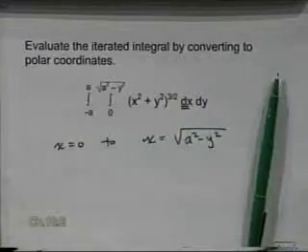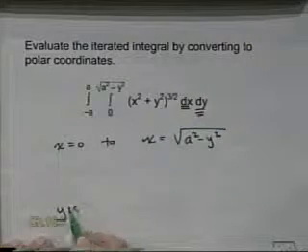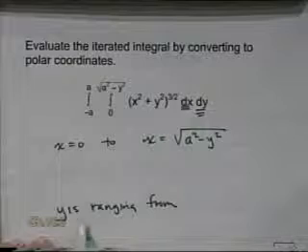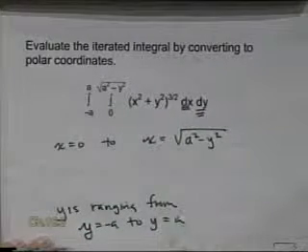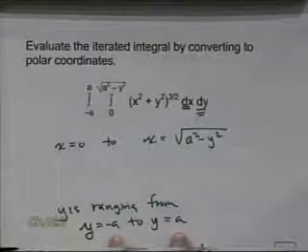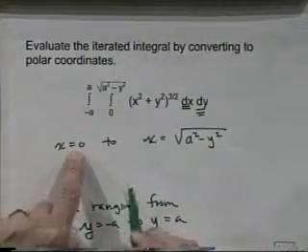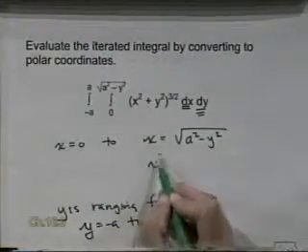And then my y is ranging from y equals minus a to y equals a. Now these are constants, minus a and a. But this one you go, ooh, I have no idea what that looks like. Well, x equals 0, I know what that looks like. And this one, to get a sense of what it looks like, let's square both sides.